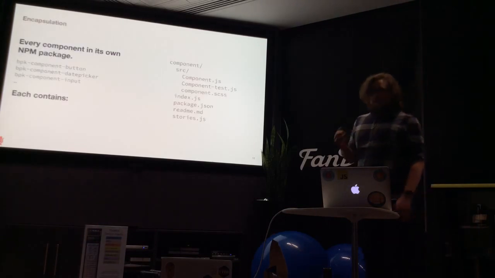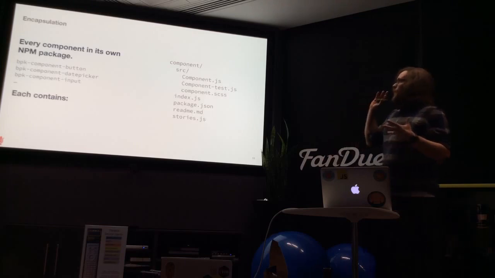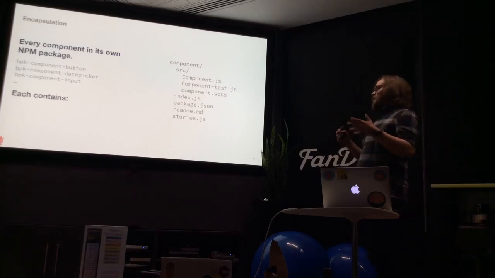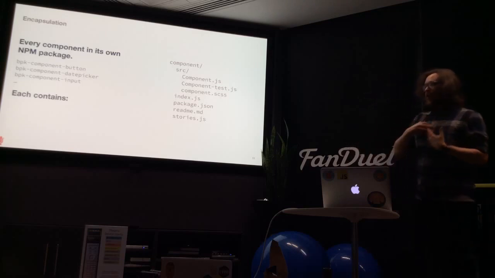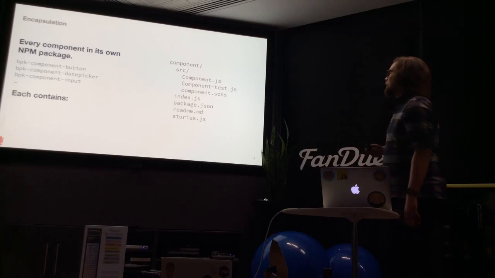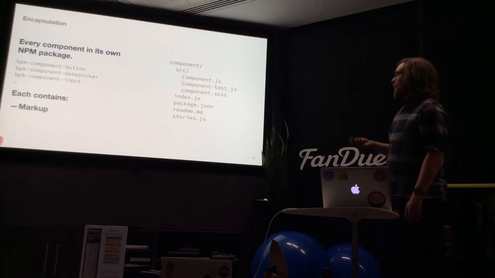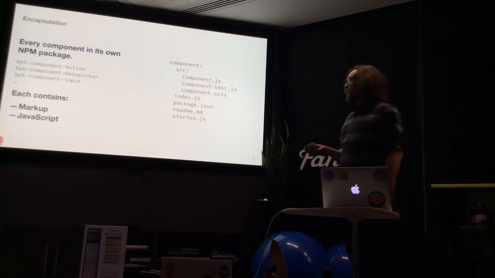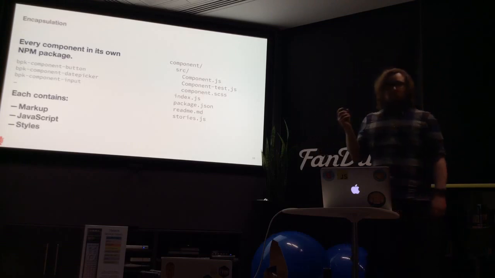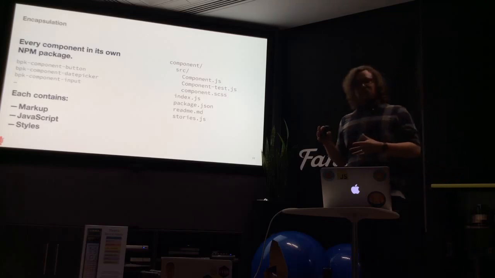First up, encapsulation. Every component that we build is its own NPM package. There are design systems that just ship all the components as one big thing, but we ship them all individually. Each component consists of markup, JavaScript, and also styles. Mustafa talked about style sheets in JavaScript.